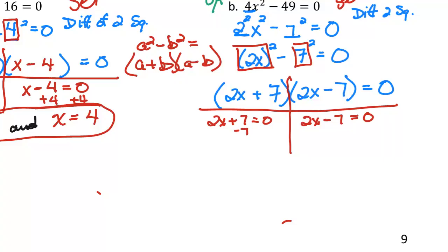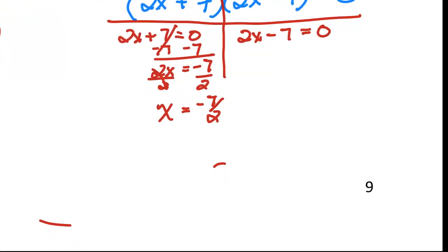So subtract 7. 7 cancels out. 2x equals negative 7. Divide by 2, divide by 2. X is equal to negative 7 halves. And just leave it like that. We do not need to change it to a decimal.